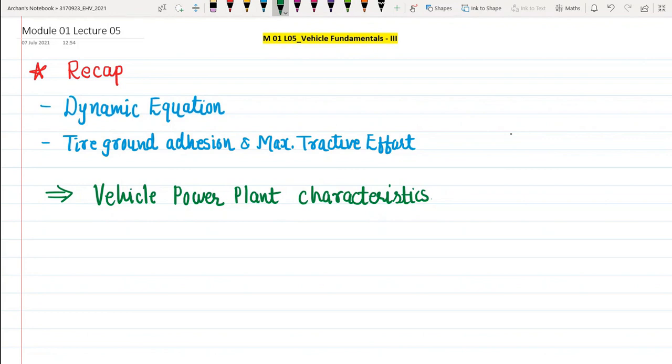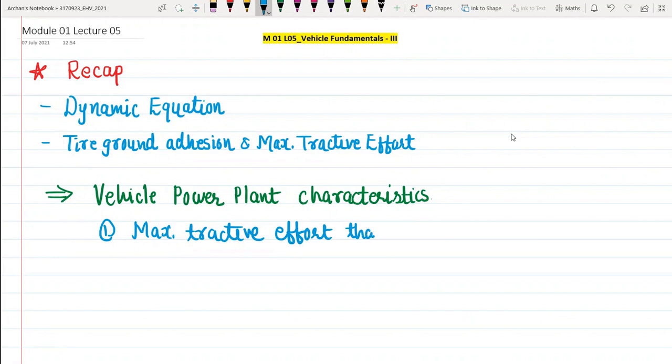The first one is the maximum tractive effort that the tire ground contact can support.